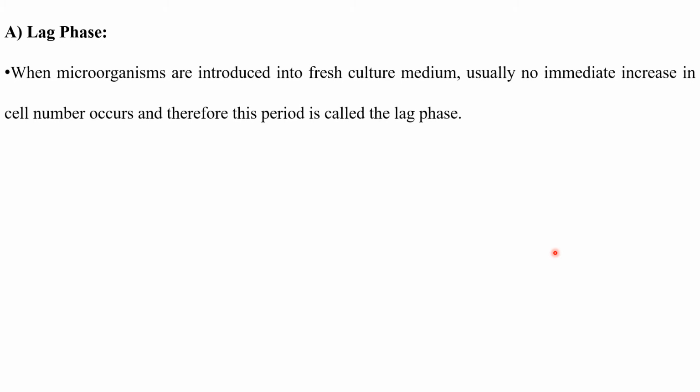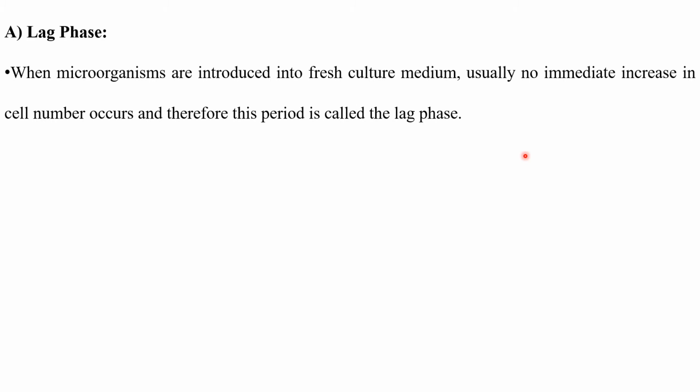First, we'll discuss the lag phase. What kind of changes will take place within the cell? When any organism is introduced into a culture medium, the organism will not start dividing immediately. They require some time, and only after that period will you find an increase in the number of cells.